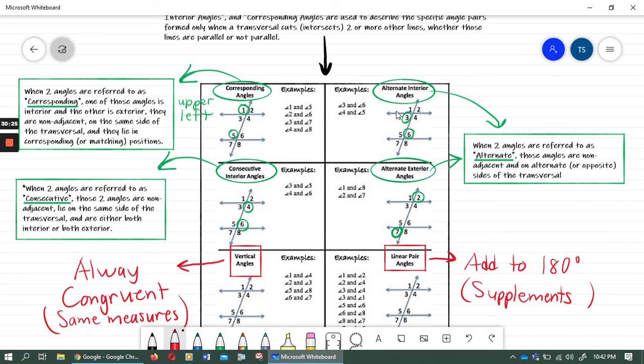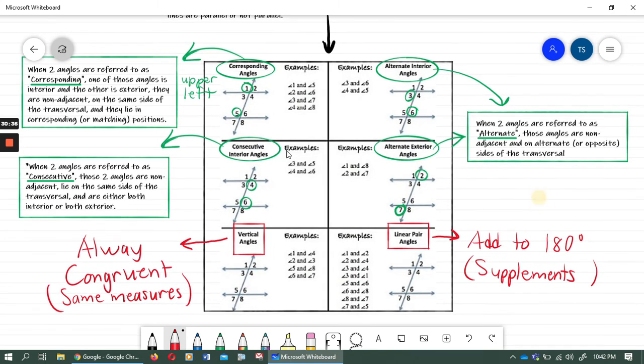Again, the new types of angle pairs are the ones that we had there: corresponding, alternate interior, consecutive interior, and alternate exterior. Guys, consecutive interior angles could also be called same side interior angles.